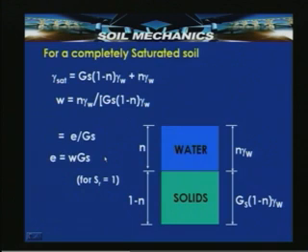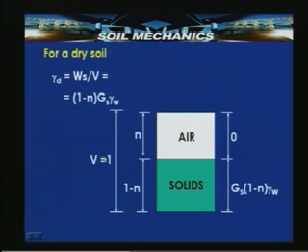Let us consider a dry soil. In the case of dry soil, the total volume V is equal to 1, the volume of voids is equal to n, which is nothing but the volume of air, and the volume of solids is 1 minus n. With this we can say Gs into (1 minus n) gamma w is again the weight of solids.